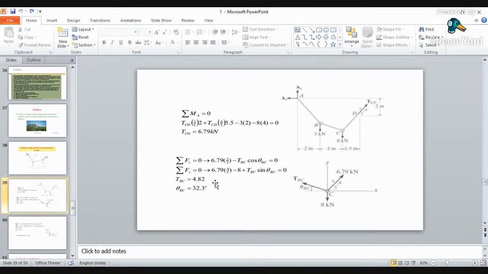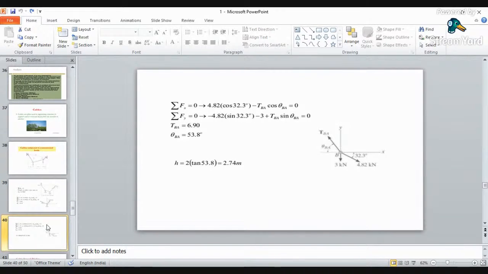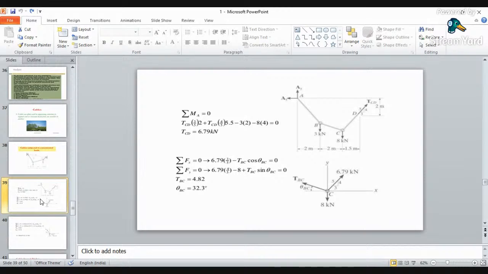Then apply summation of Fx equals 0 and summation of Fy equals 0 for this structural component, then you will get your force at A. Summation of forces in the horizontal direction is equal to 0, and summation of forces in the vertical y direction is equal to 0.